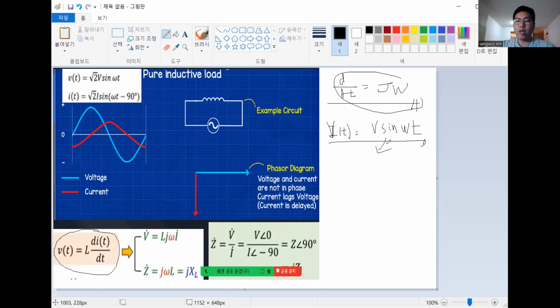No, it's better, sorry about that, it's better to use the current. So look at that. Here, v, i, sorry about it, I sine omega t, right?